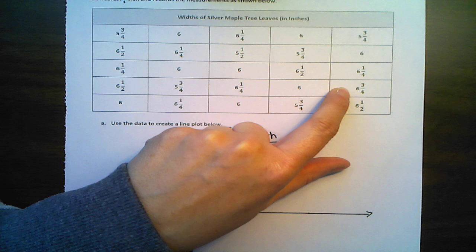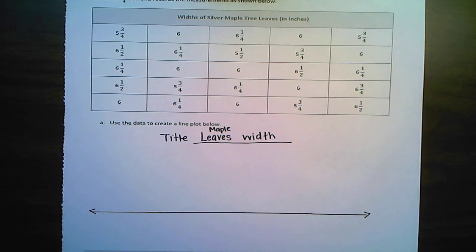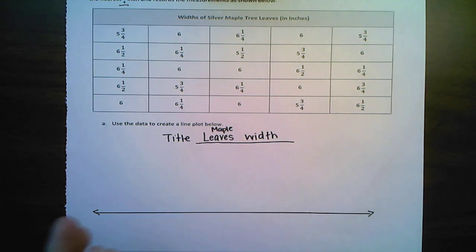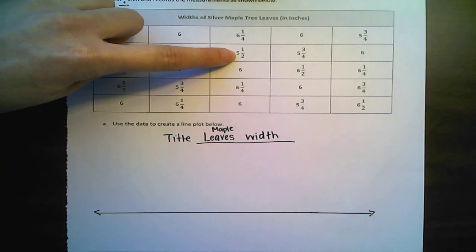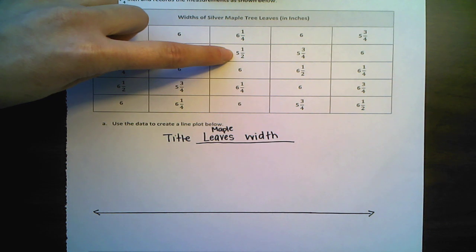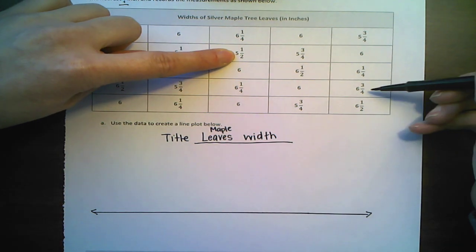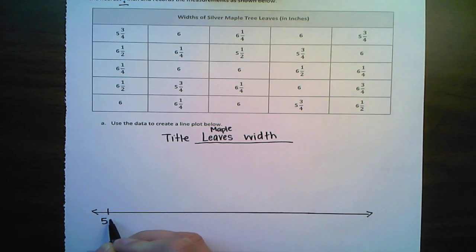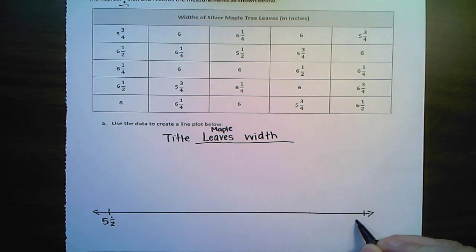So we need to split this into 1/4 inch because that's what they measured, to the nearest 1/4 of an inch. So we're going to start with 5.5, and we're going to end with 6 3/4. So let's pop those points here. Let's do 5.5. And on this side, we'll put 6 3/4.